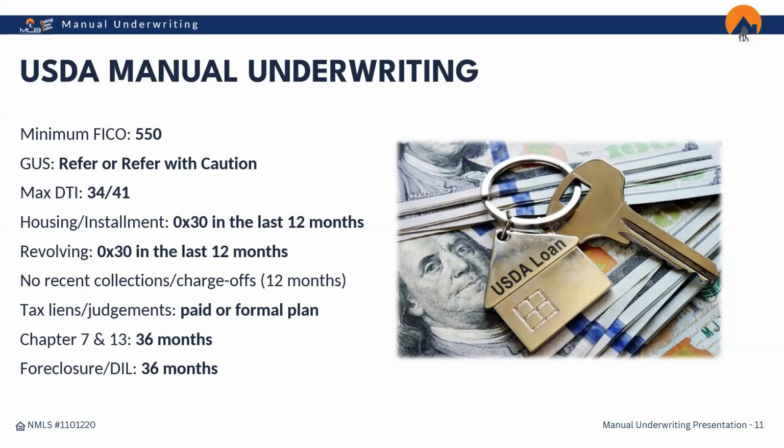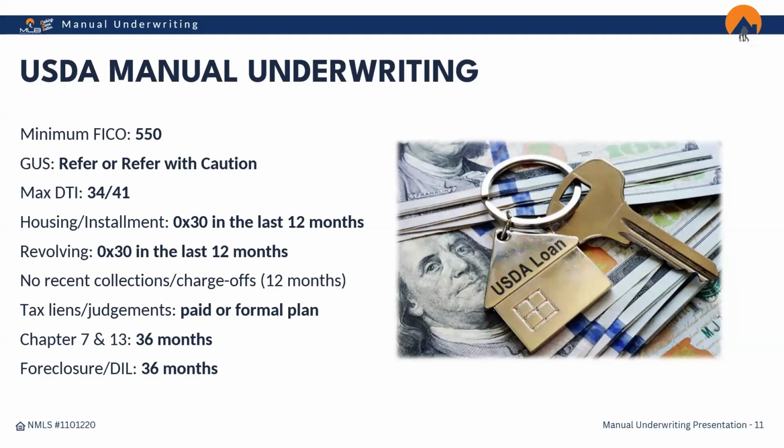If they have any types of tax liens or judgments, they have to be 100% paid off, or we have to fully document a formal plan for that borrower. And then when it comes to Chapter 7, Chapter 13, and your foreclosures, those need a full 36 months from discharge date before they're eligible for USDA financing. So keep that in mind as well.